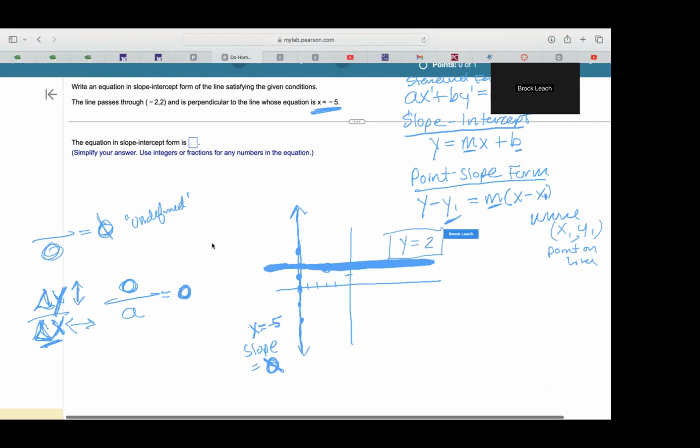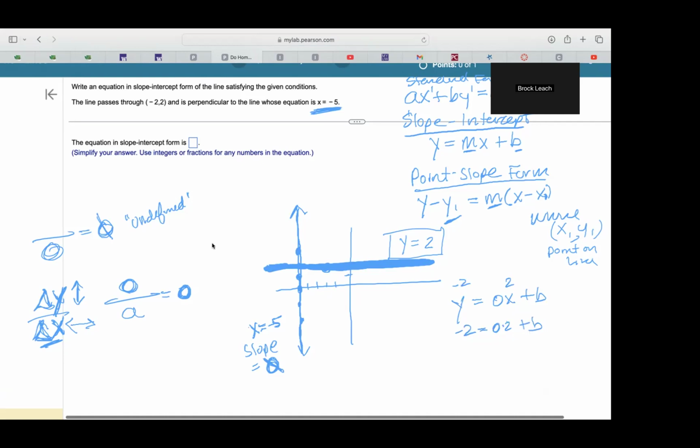Now, if we use the slope intercept, if we know that the slope is 0, 0x plus b. And we substitute this point -2. That would give me 0 times 2, which is 0, plus b equals -2.